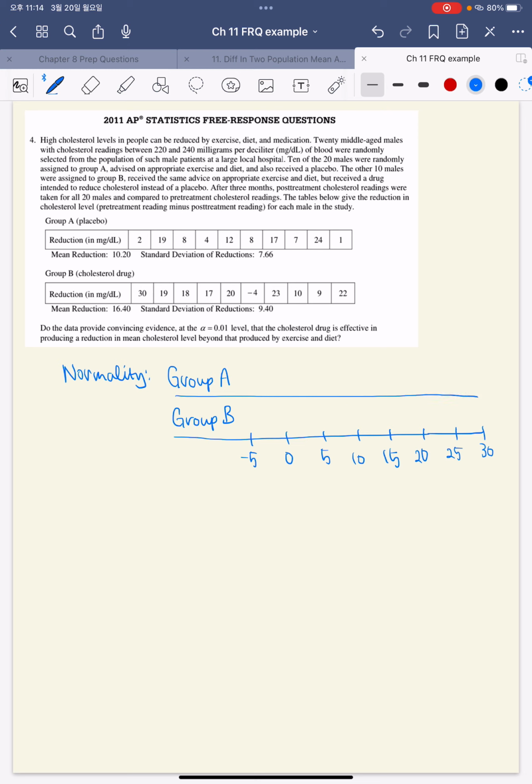Yeah, so you're actually supposed to just manually graph this like that. So just do it really quickly.